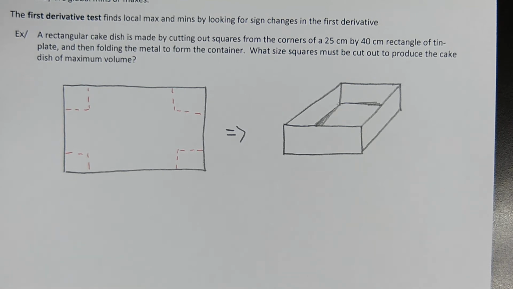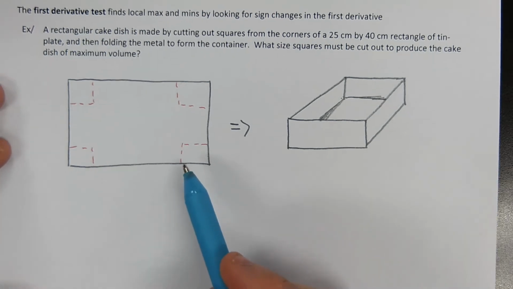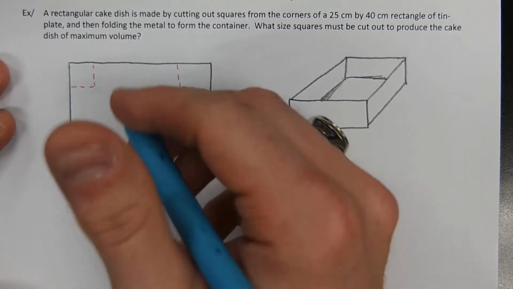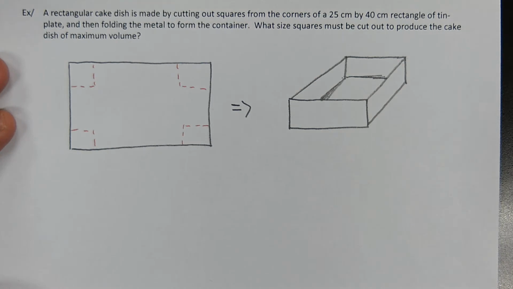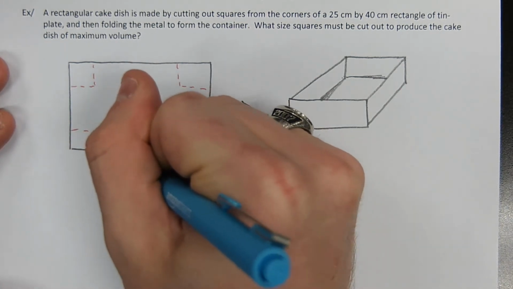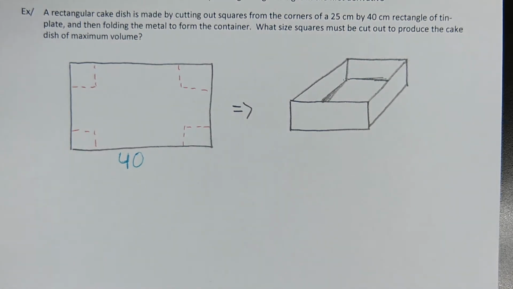Now what we need to do is put some dimensions on this bad boy. Well, originally, before we cut out these red rectangles, which should have been squares, what we had was a piece of pan that was 40 centimeters, units are not that important, 40 wide, and 25 high.